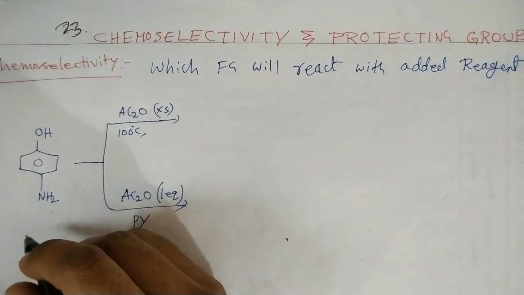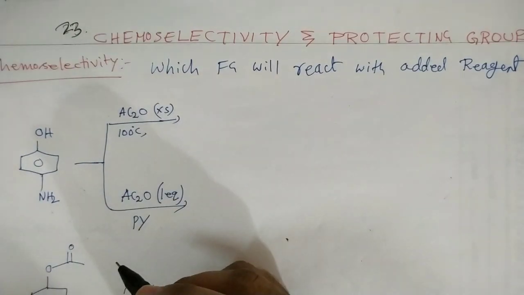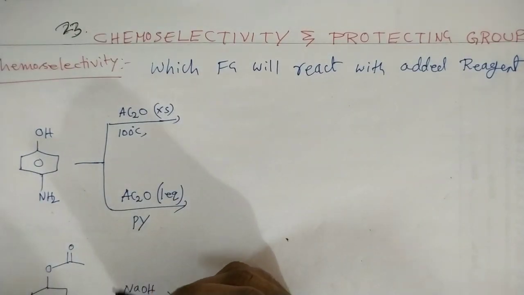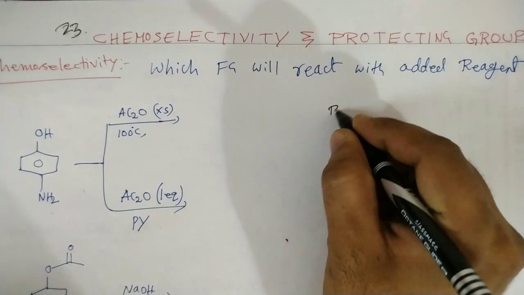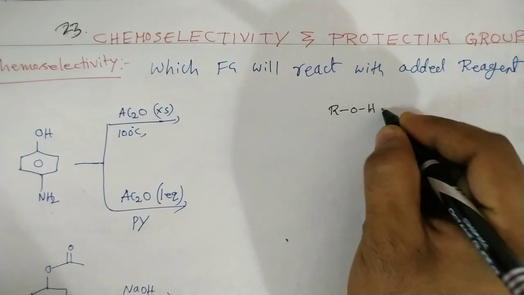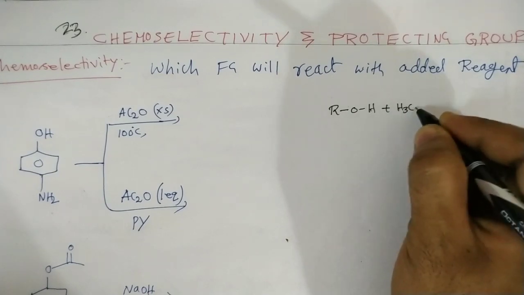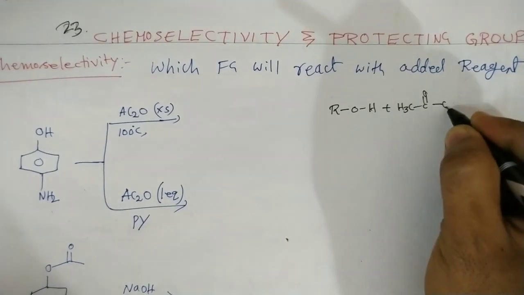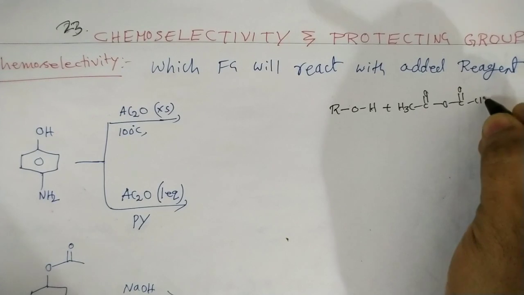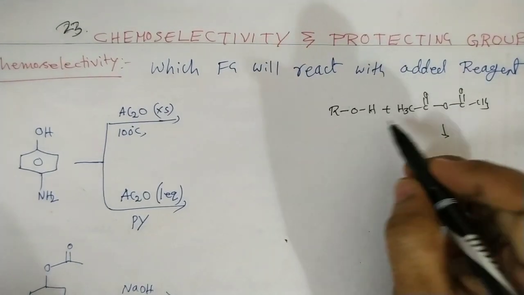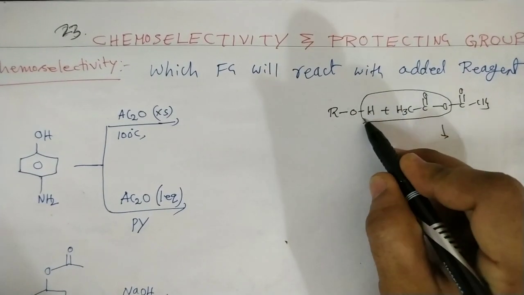All of you know about the acylation reaction of alcohols and amines. A simple reaction: this alcohol on reaction with acetic anhydride, the H is replaced by the acyl group, with removal of acetic acid.